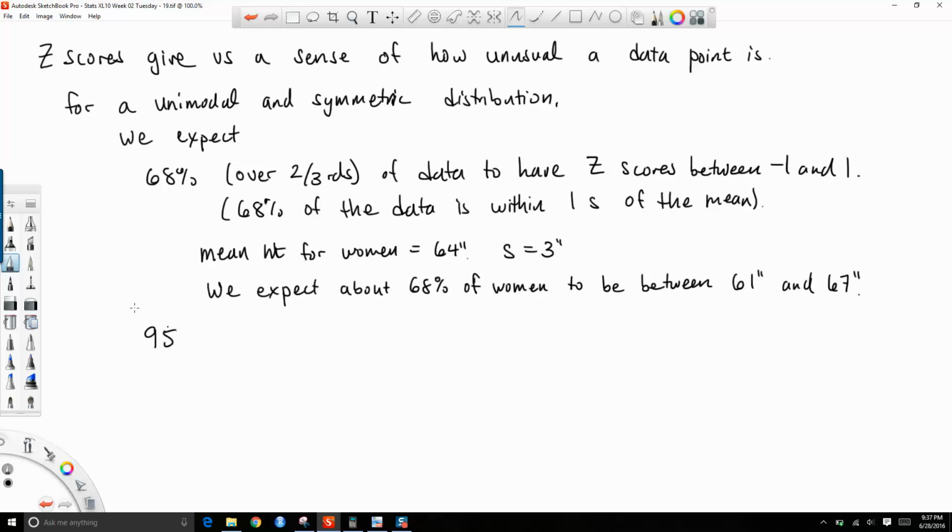We would say about 95% of data have Z between -2 and +2. Or 95% is within 2 standard deviations of the mean.